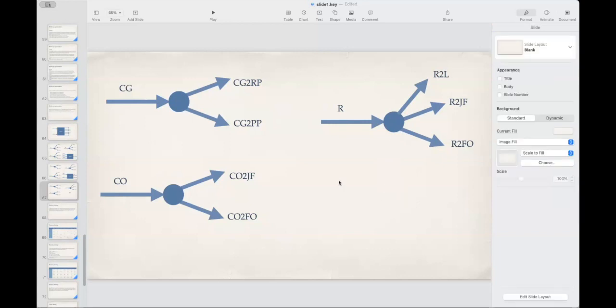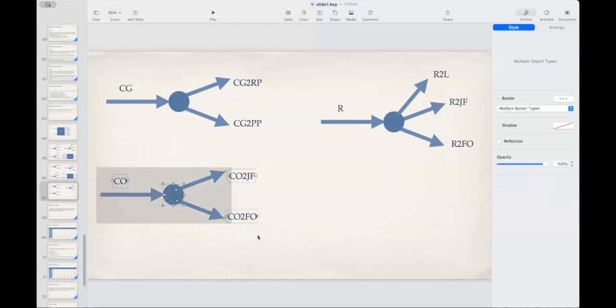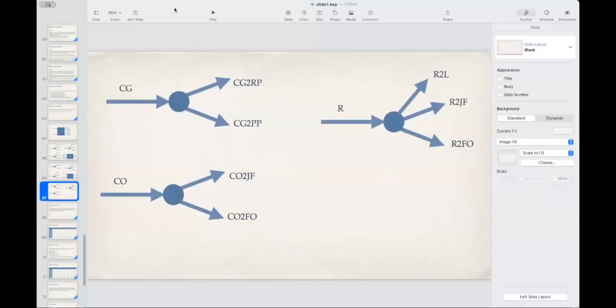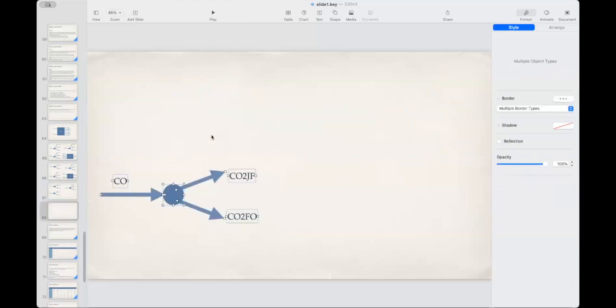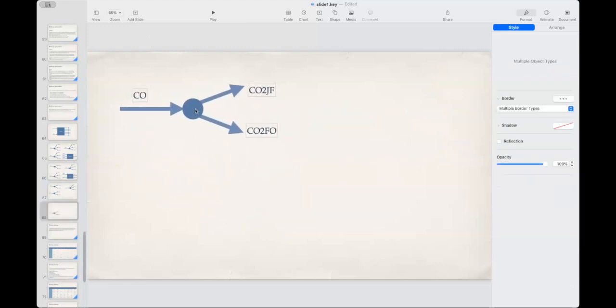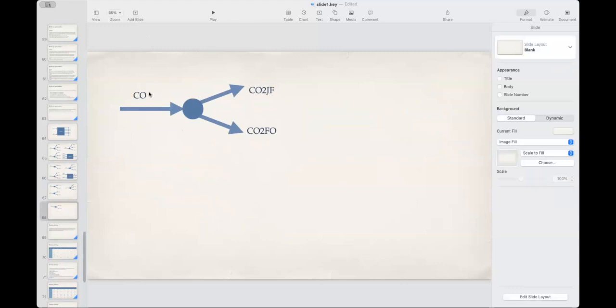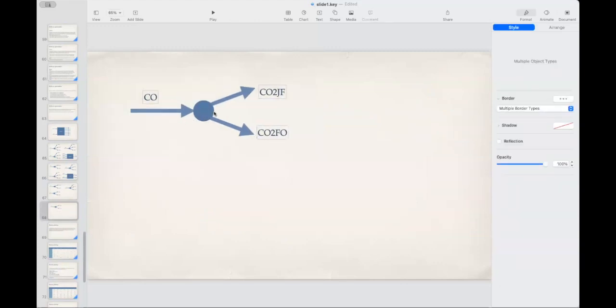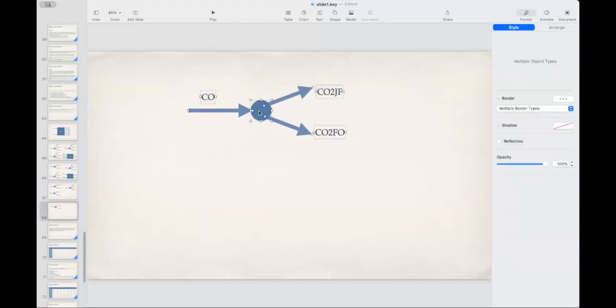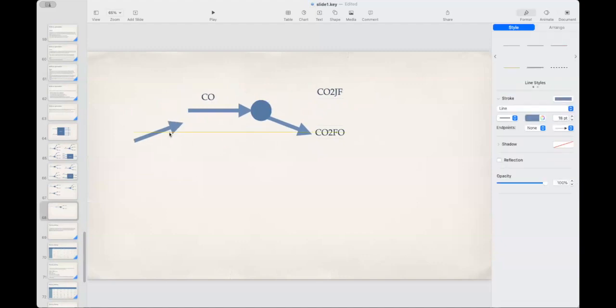We use the next slide, but in a different way because we have one product in this case.